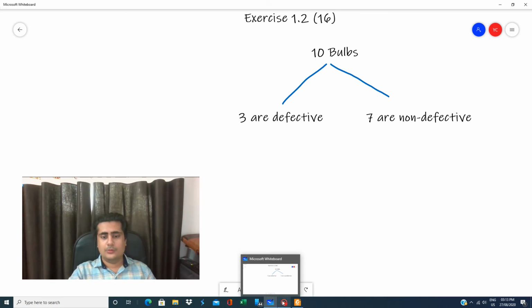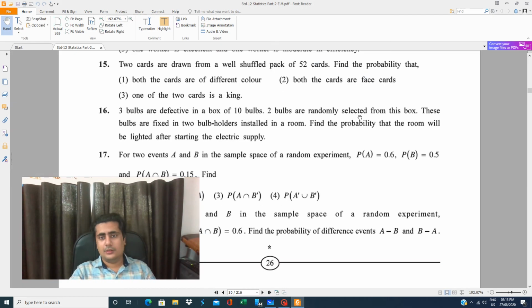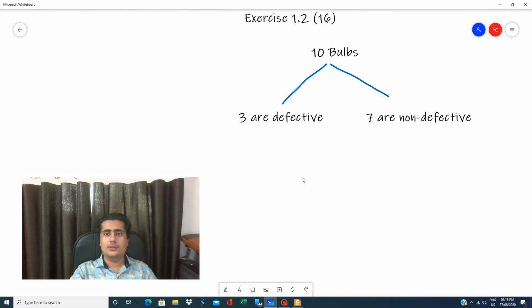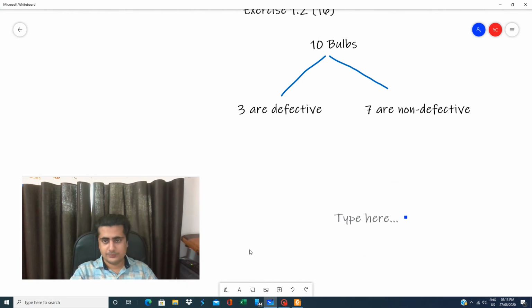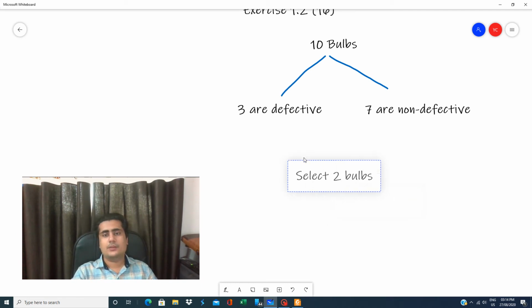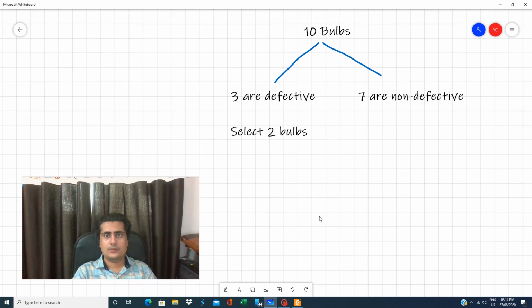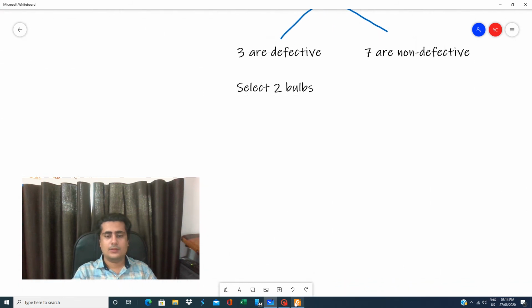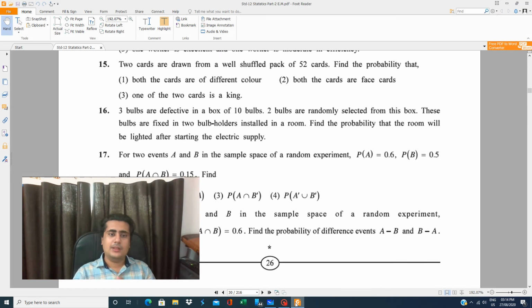7 are non-defective. How many bulbs you have to select? Two bulbs are randomly selected from the box. So select two bulbs. Now these bulbs are fixed into two bulb holders installed in the room.